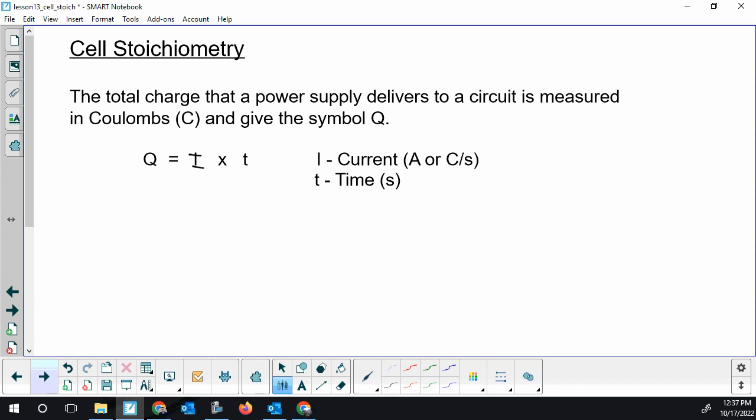The current is measured often in amps, but the meaning of amps is coulombs that went by in 1 second, coulombs per second. The time must be in seconds. And rarely will you get a question in seconds.